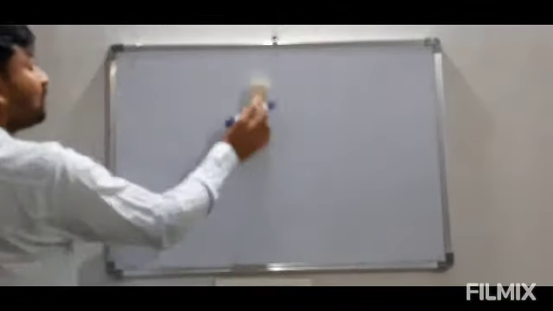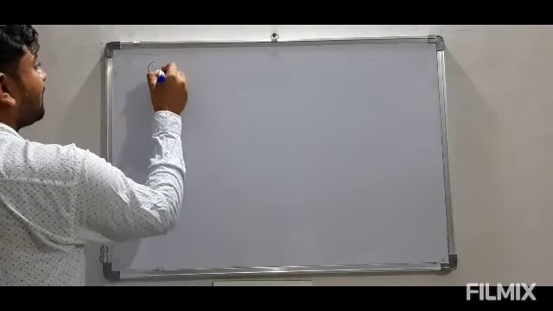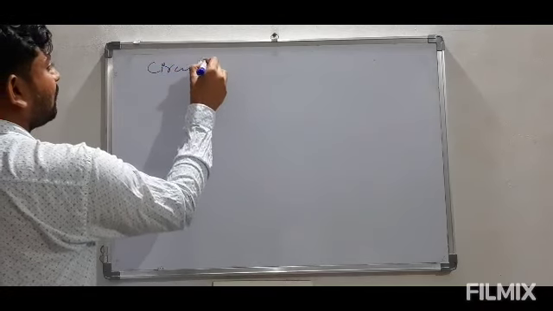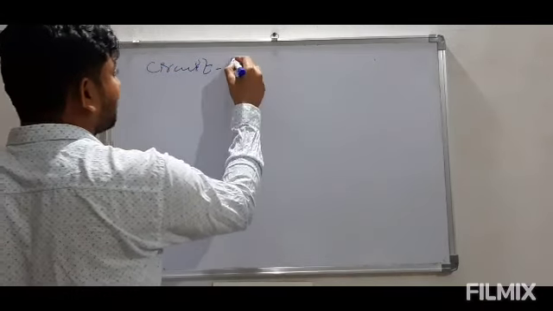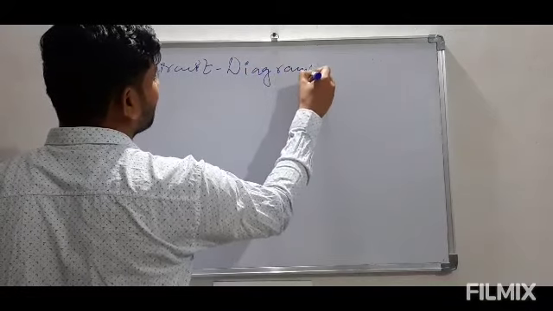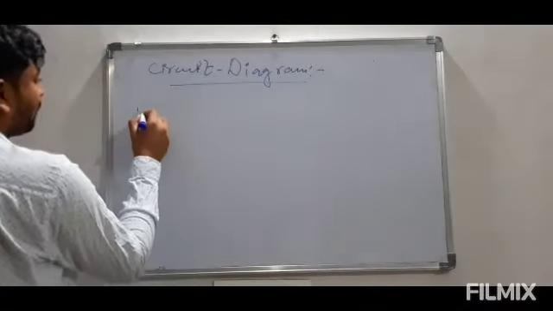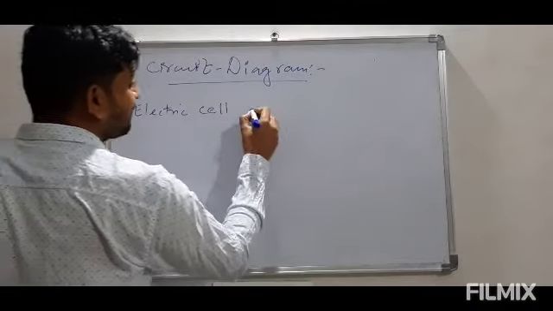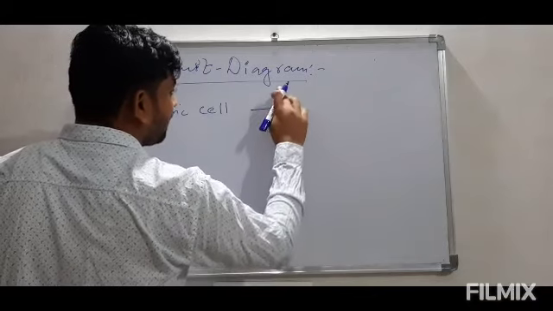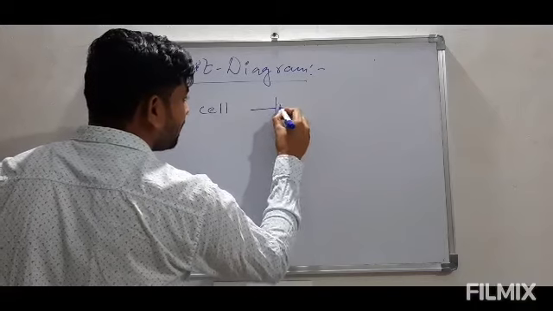Whenever we have to go through circuits, we should know various symbols, which we can use as circuit components to draw any circuit diagram. So various components and their symbols are like this. Suppose we have an electric cell. An electric cell is drawn by two vertical lines in which one is big and one is small.